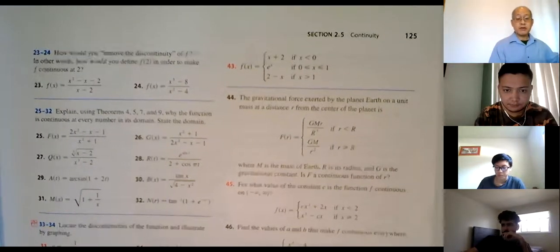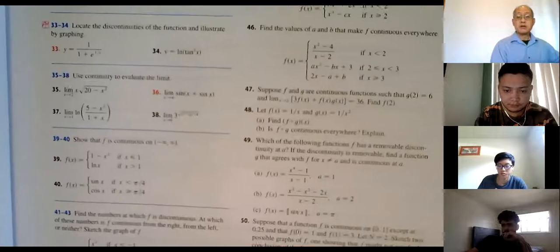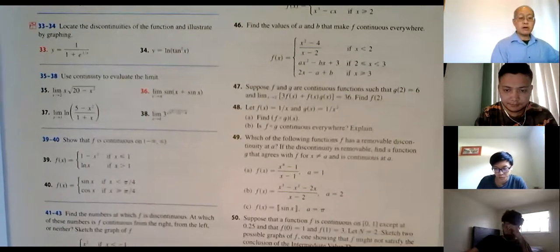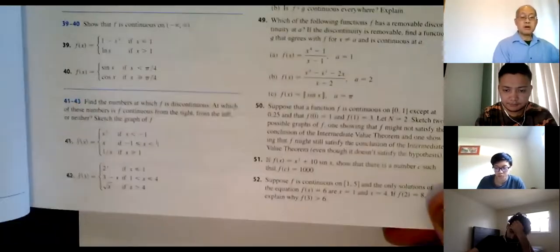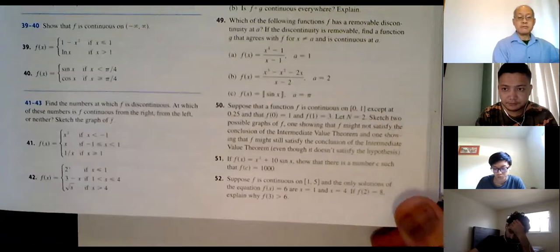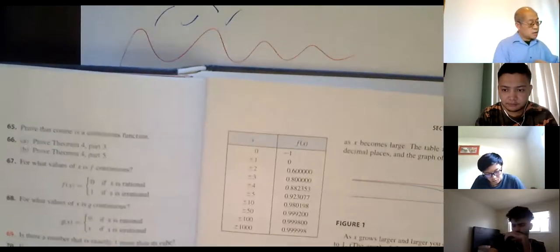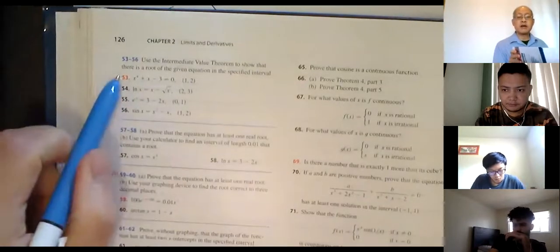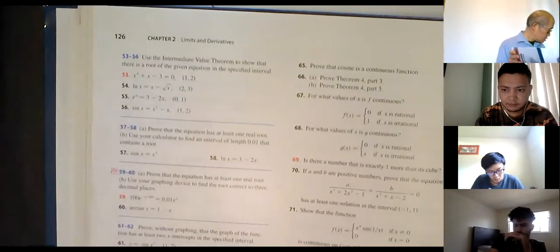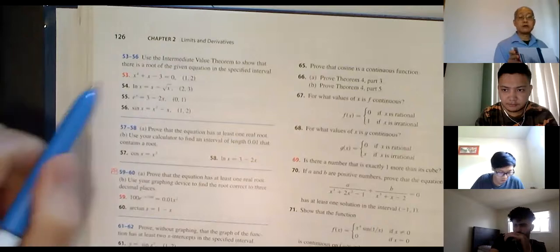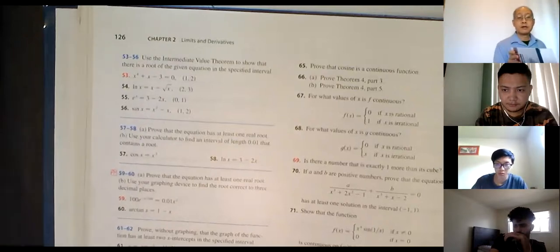So that's up to about 32-ish. And then on the next page, intermediate value theorem, 53 to 56, all. So there we are. Okay, that's what we got.